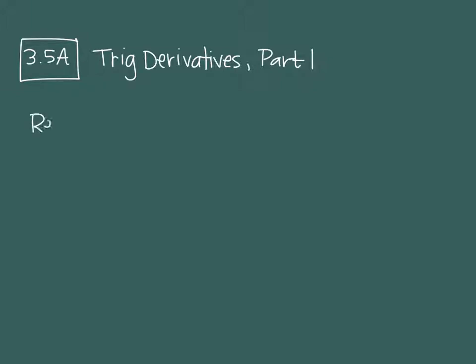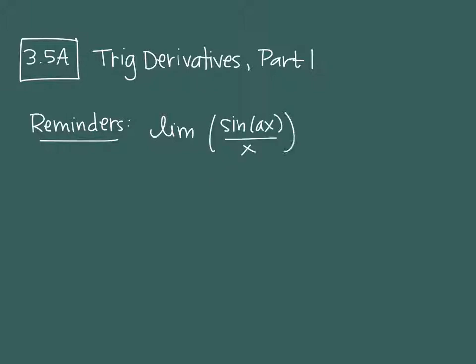So a couple reminders, and we're just going to put these officially into our notes. The limit of sine of quantity ax over x when x approaches 0, we just reconfirmed that that is equal to whatever a happens to be. So that is a constant, but it will change according to a.